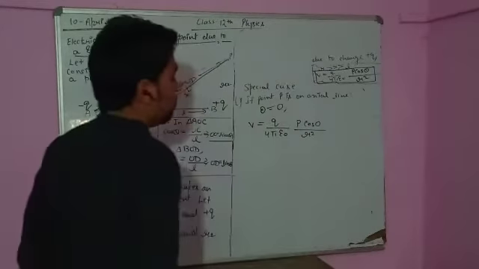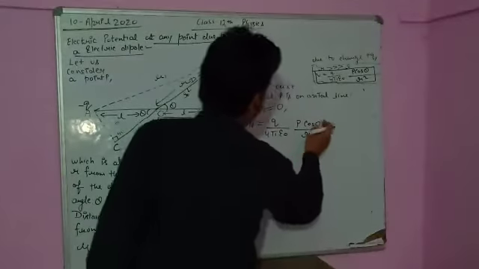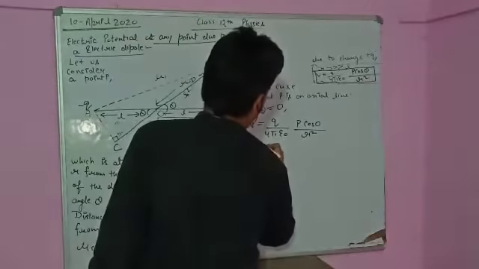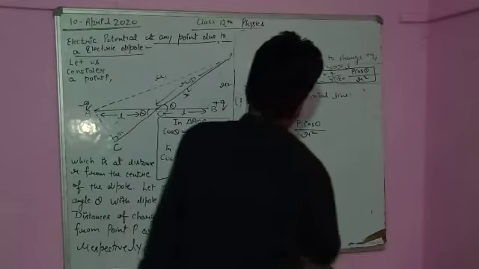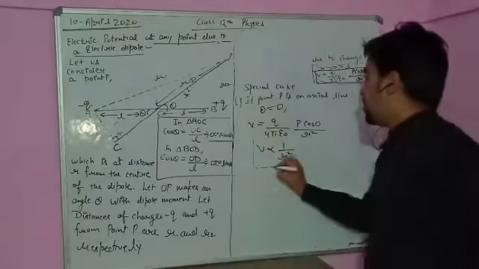We put theta as 0 in this formula. So what is cos 0? That is 1. So V is inversely proportional to R square.